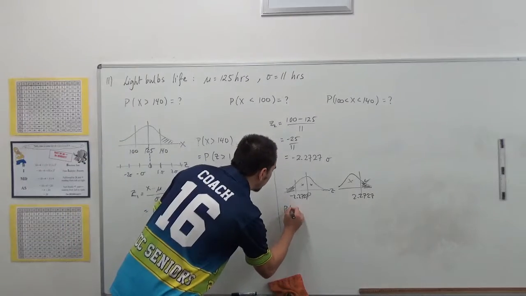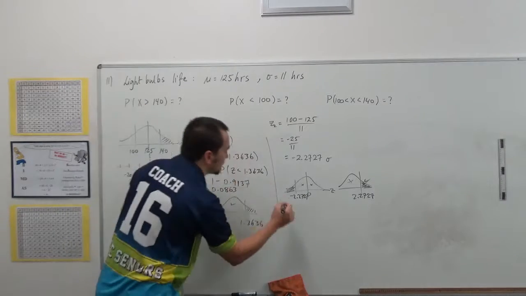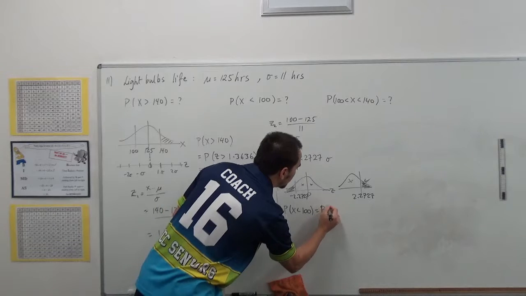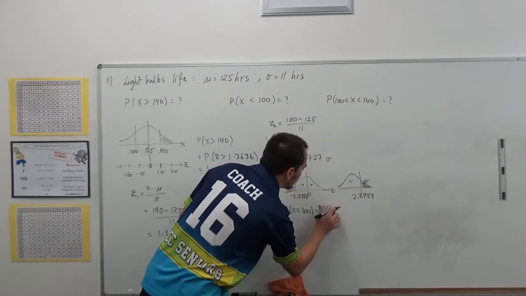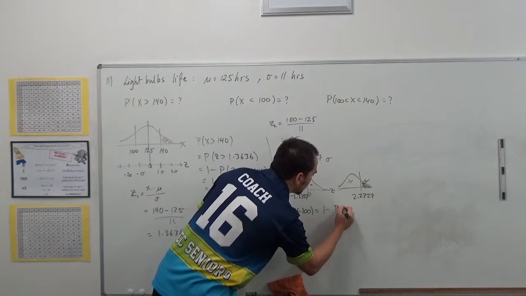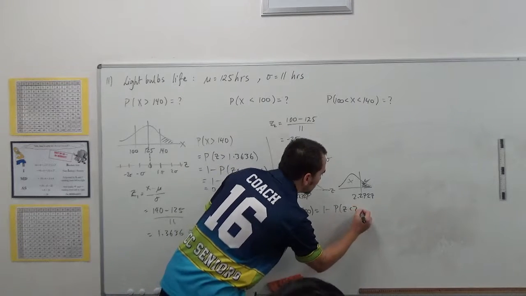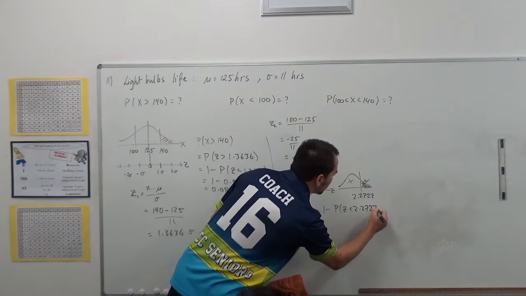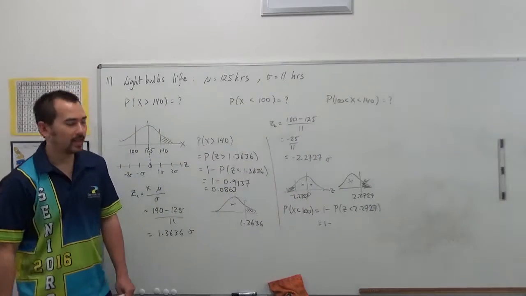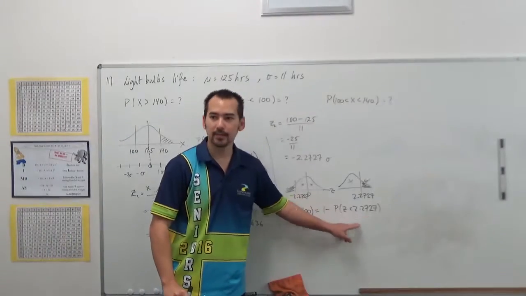So the probability that x is less than 100 is equal to 1 subtract the probability of z being less than 2.2727. And now we need to look this up in our table.